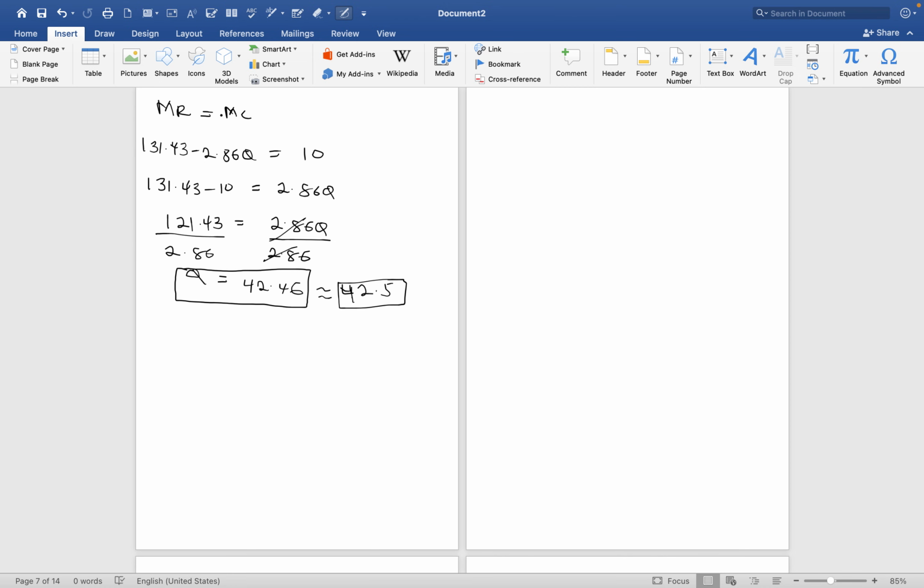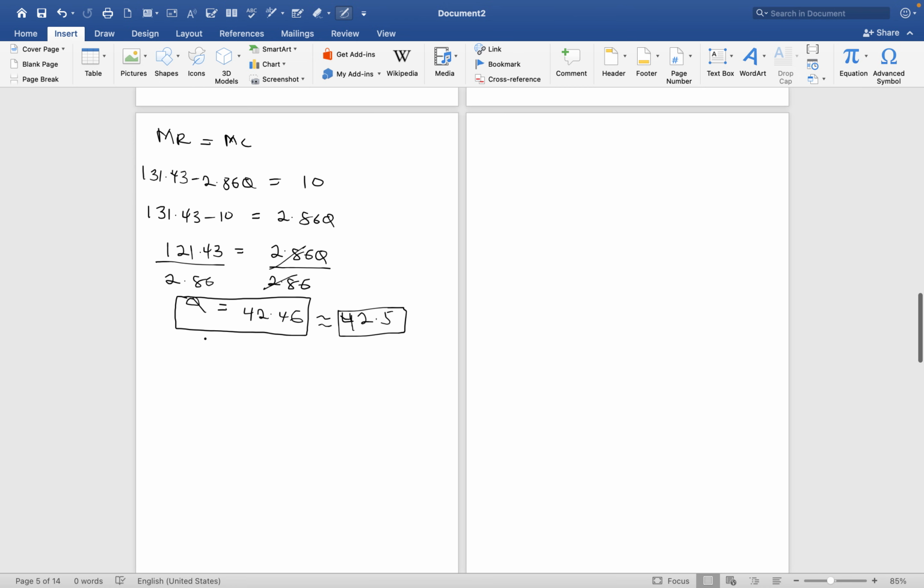So we have Q now, and we are supposed to find the price.